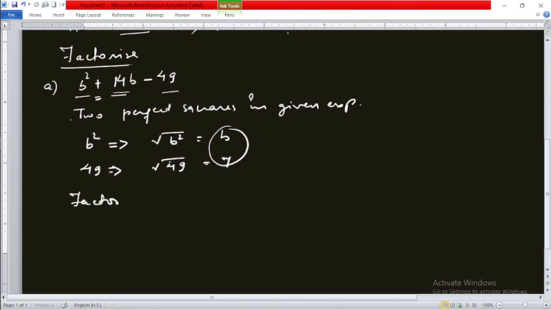The factor you are going to obtain, the factors of the given expression, these are the tricky factorizations. So the factors of the given expression will be b, and since it is plus, you are going to write plus and then 7. So the connectivity will be b plus 7. Okay, it is going to be b plus 7. Understood?